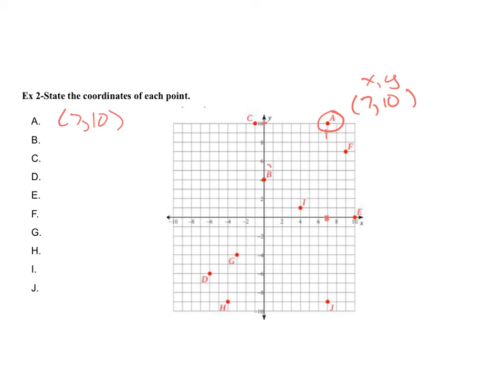If we look at point B, if we trace down to your x value, that's going to be a 0. And if we go up, that is going to be a y value of 4.